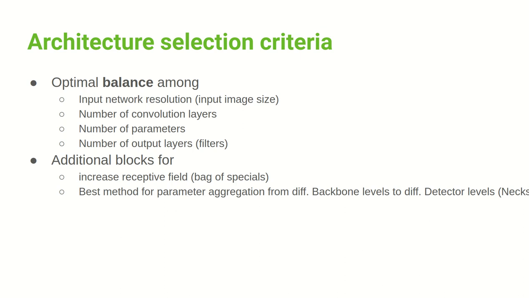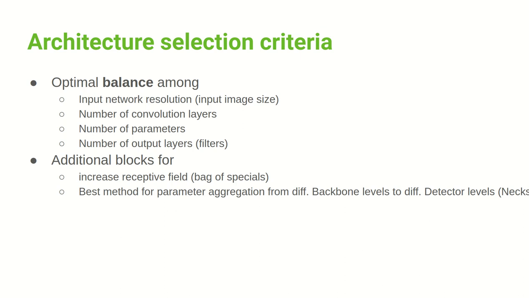That is quite important because if you have a big input image size, then you have more context information and you are able to detect smaller objects. But of course, a bigger image size means you need more memory bandwidth and more computation, so you need to find a balance among them.